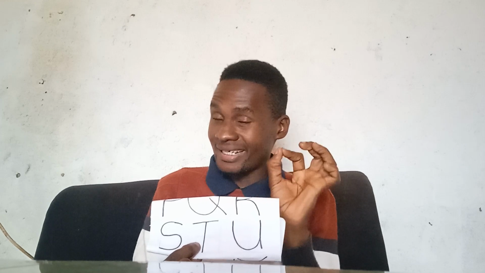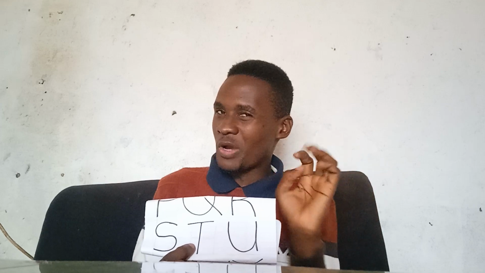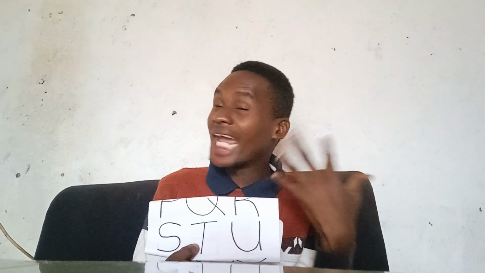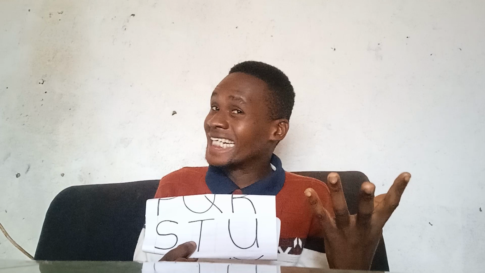So, see, I see you. Okay? Now we have got alphabet T. And the sound says t. It has got words like to, take, tie.